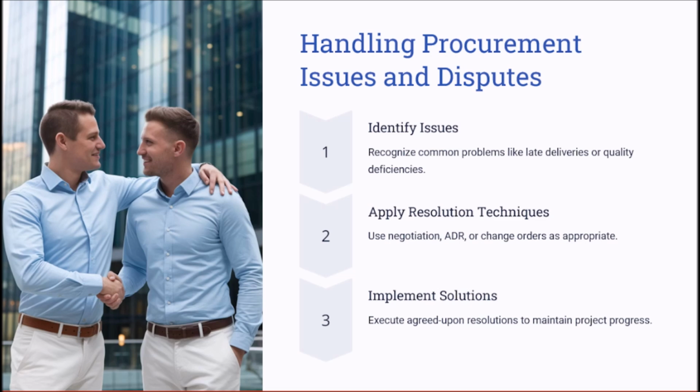So with clear communication, adherence to contract terms and conditions, and effective dispute resolution strategies, you prevent minor issues from escalating into major project risks. If necessary, you may need formal change requests, made through a change request or contract amendments.